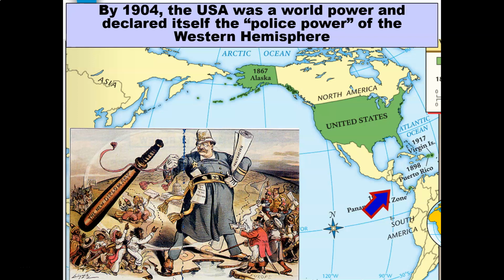As you can see here from the political cartoon, you have the new diplomacy in Latin America. To the right of the political cartoon, you have Europeans demanding many things from Latin American nations. And the referee there is basically the United States.